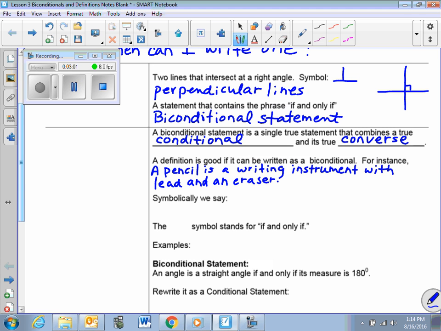Okay, so let's try to write that as a biconditional statement. As a biconditional statement, I would say a writing instrument is a pencil.